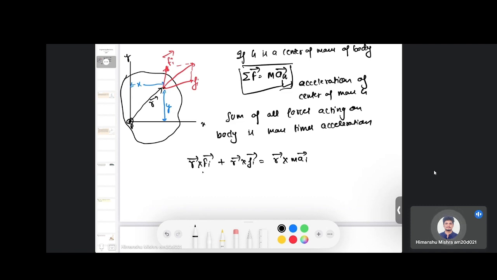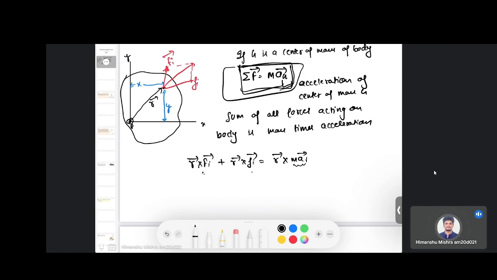Because on the left hand side you will see there is a moment due to a force, and on the right hand side you can see there is a moment due to mass multiplied by acceleration, because earlier we saw that the summation of all forces equals mass times acceleration.